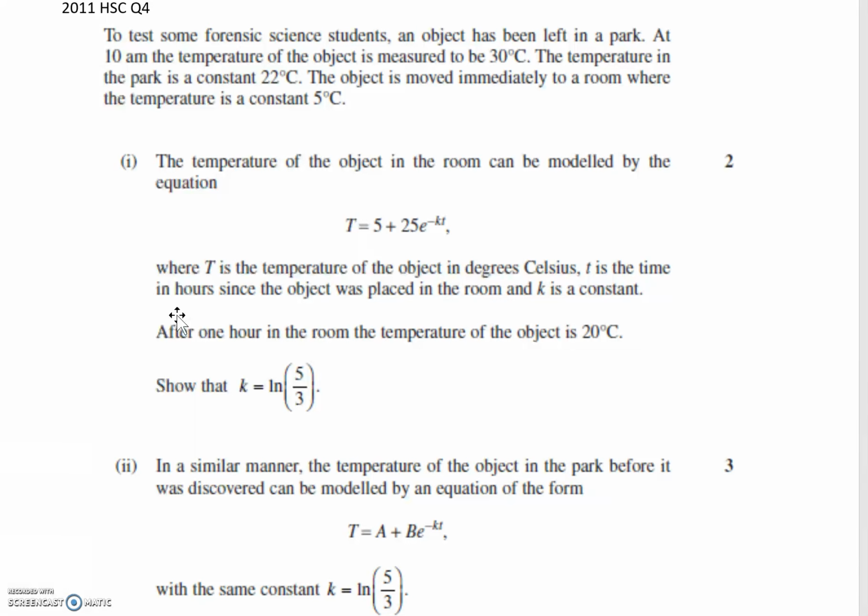So then it goes on, after 1 hour in the room, the temperature of the object is 20 degrees. Yeah, we're familiar with that. They give us a piece of information, and I'm pretty confident we'll be using it to find the value of k. It says, show that k is equal to log 5 on 3.